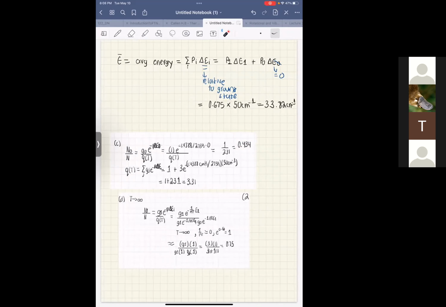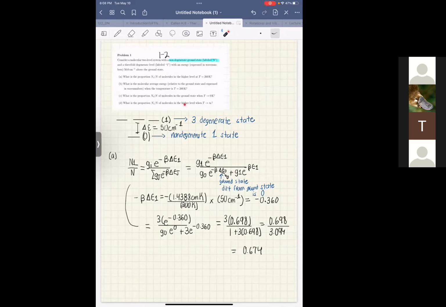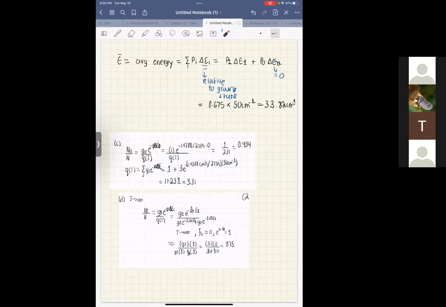We're going T to infinity, so it's asking what the proportion is at higher temperature, where T goes to infinity. Like I mentioned before, the normalization part in exam 1: when you go to infinity for an exponent, and since T is on the bottom, 1 over infinity is approximately equal to 0.